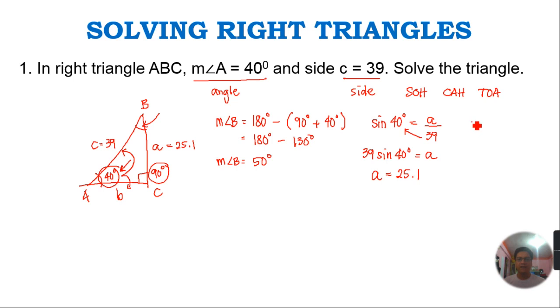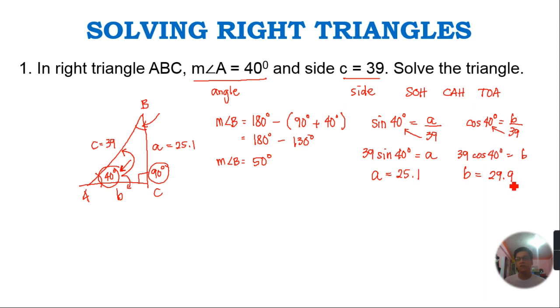We have cosine 40 degrees is equal to adjacent B over hypotenuse, which is 39. The same process, we just cross multiply. So this will become 39 times cosine 40 degrees is equal to B. If we use our calculator, we can find the value of B, which is equal to 29.9.